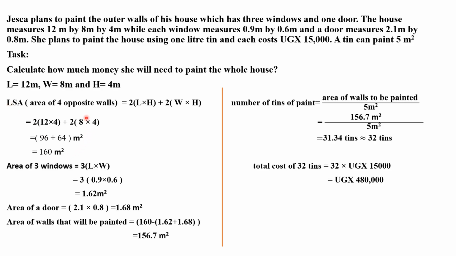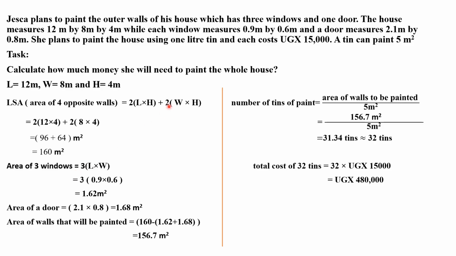Now, after finding the area of the walls, I have to come back and I ask myself, good enough I've seen that I will not paint the space or the surface where the windows are. I'm just painting the walls. It means that I'm going to find the area of the surface covered by the 3 windows and the surface covered by the door.